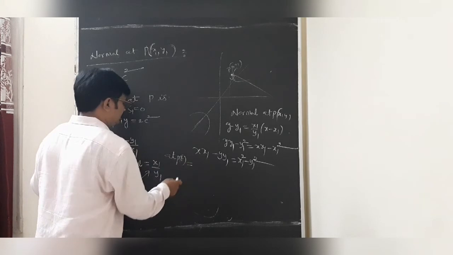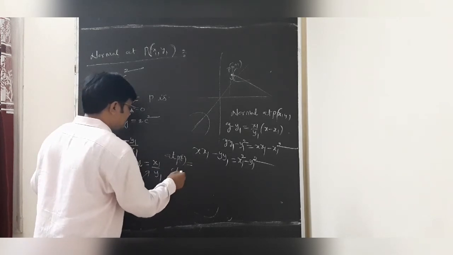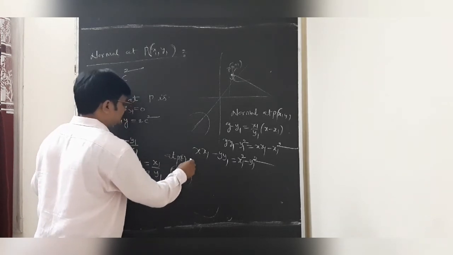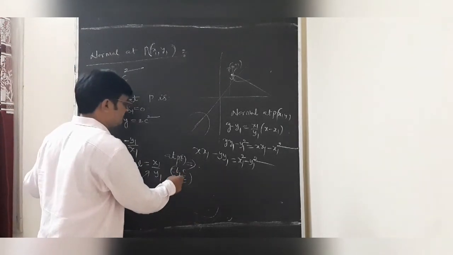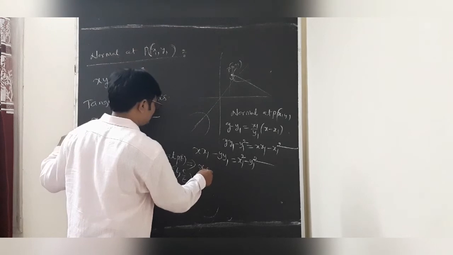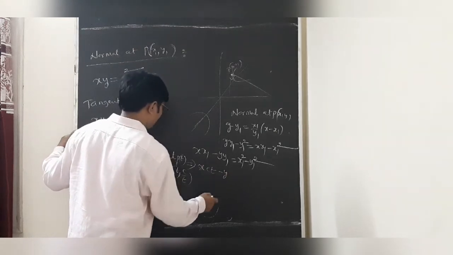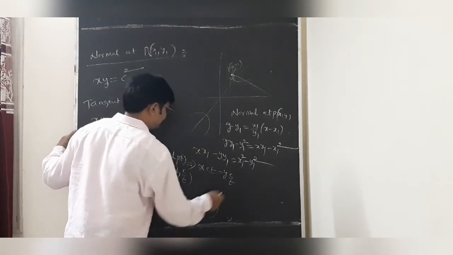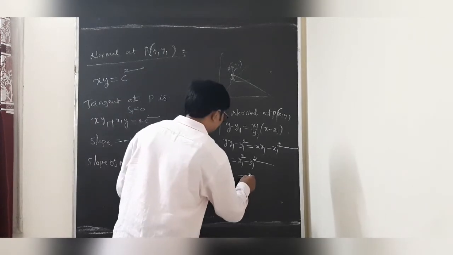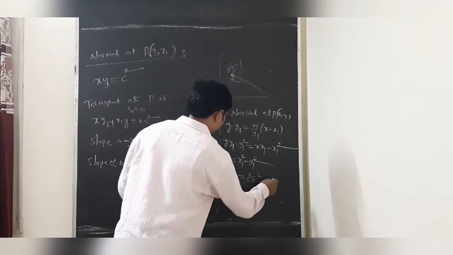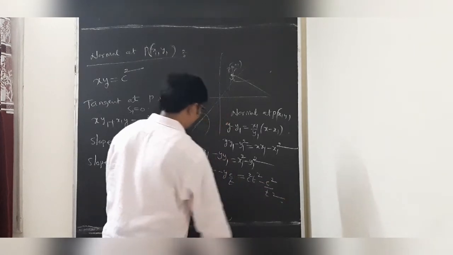P of t. What is P of t? ct comma c by t. So dear students, ct comma c by t, this is what? So x into ct, y by c by t. So this is c square t square minus c square by t square.